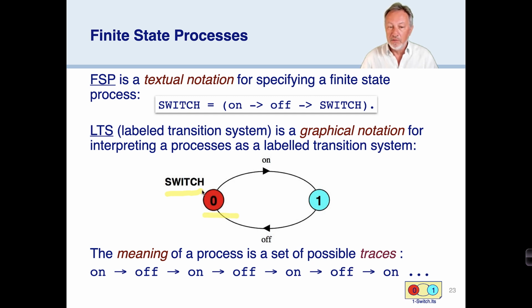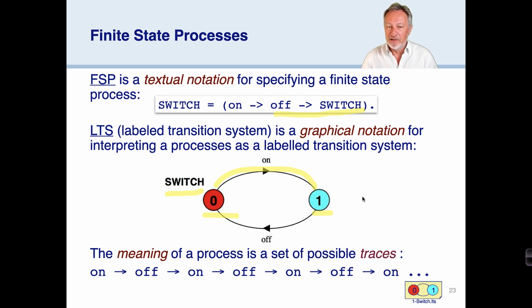So state 0 is the state also known as switch, and state 1 is the unnamed state, which we reach by performing a single on action. So this unnamed state is also known as off arrow switch. If we gave this a name, we could define switched on equal to off arrow switch as a perfectly fine description of that state as a process.